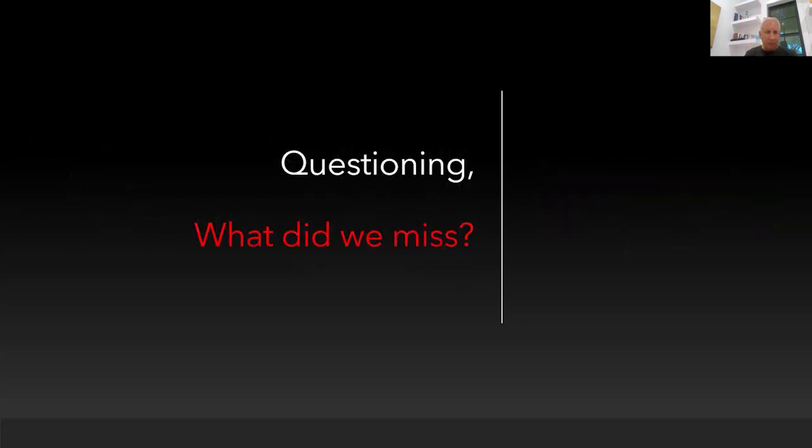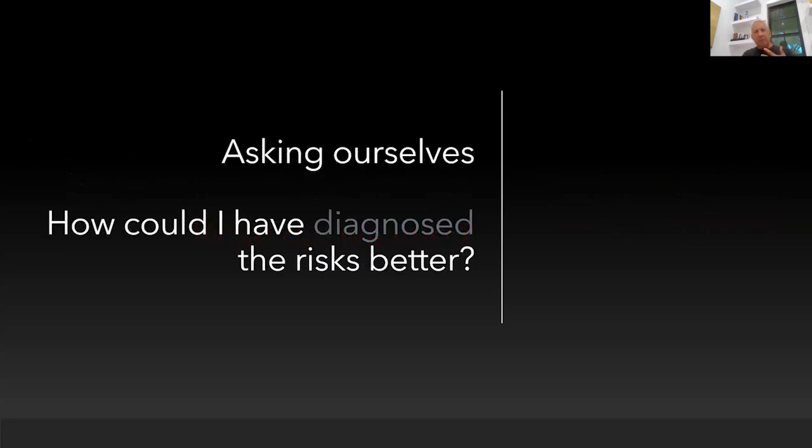And then we would question ourselves. Everything looks great. I hope it does when you deliver it or when you finish a case. But years later, and now we're looking at this going, what did I miss? What did we miss? And then we'd ask ourselves, could I have diagnosed these risks better?